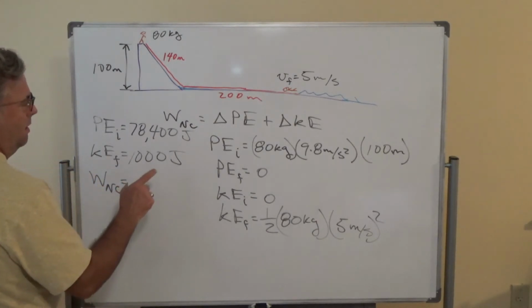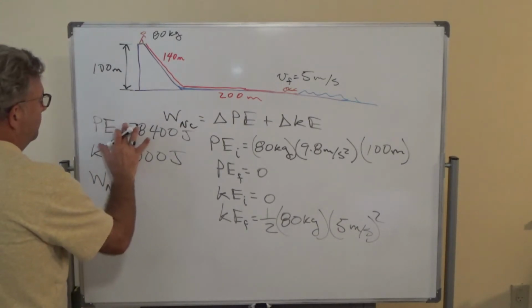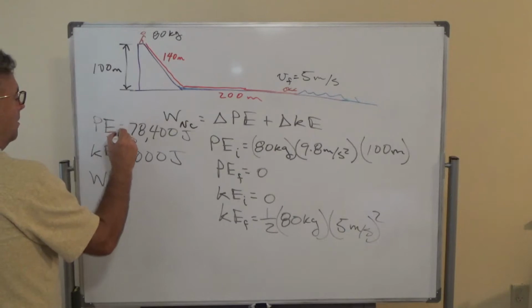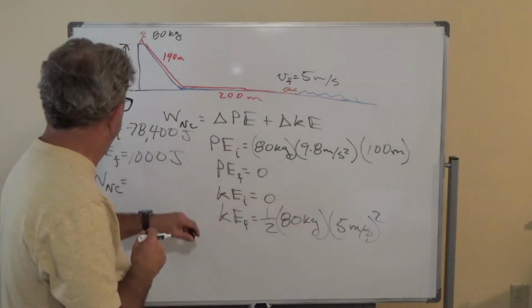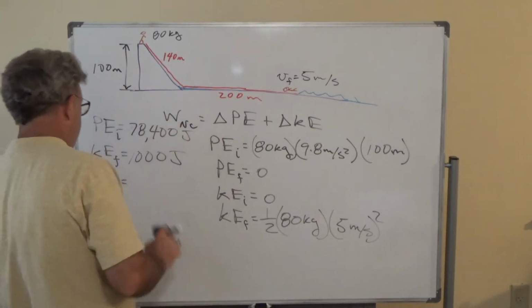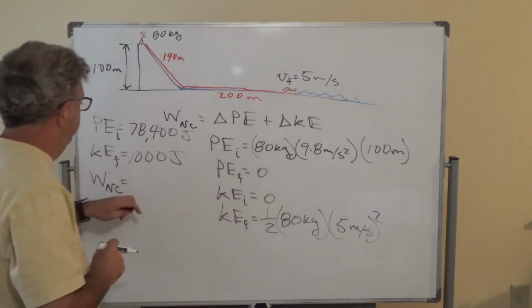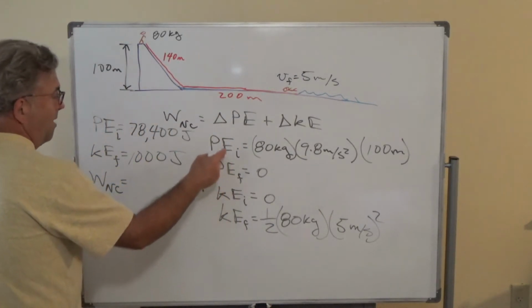So the work done by these non-conservative forces is equal to, wait a second, PE initial, this should be negative. Delta PE is PE final minus PE initial.